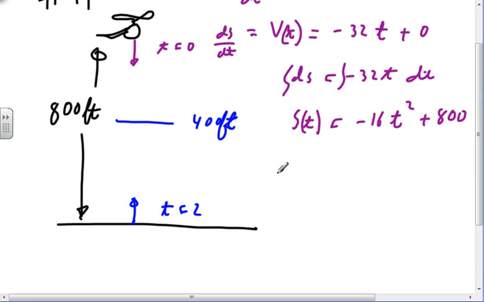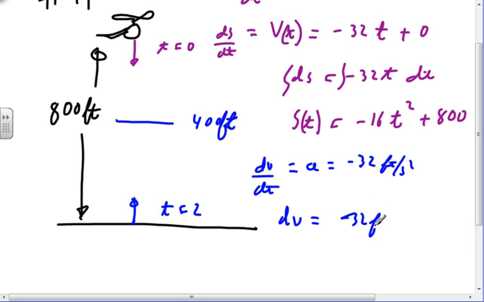Now, the position of the projectile coming up. My acceleration is still minus 32 feet per second squared because it's still affected by gravity, which is change in velocity over change in time. So dv equals minus 32 dt. We'll drop the units because that's clouding my mind.